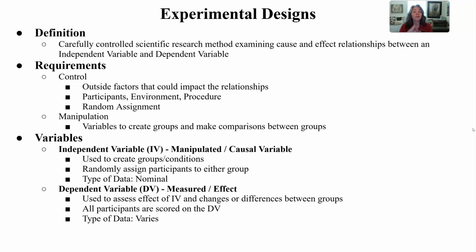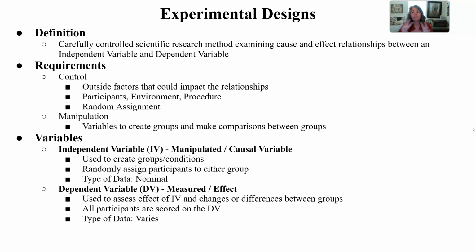And then we manipulate the variable by creating two separate groups. People who don't get the drug, who's a control group, and then people who do get the drug, which is the experimental group. And we might say they're going to get 25 milligrams of the drug. Or maybe we want to create a third group where they get 50 milligrams of the drug.